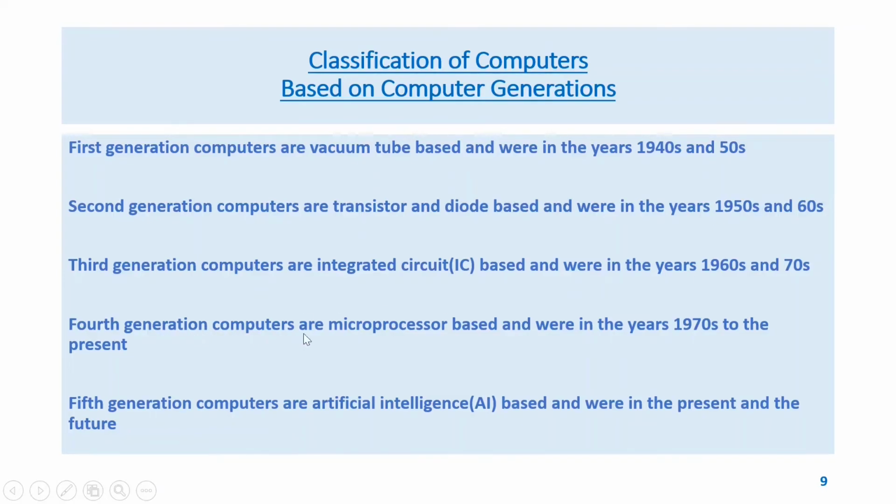Fourth generation of computers are microprocessor based and were in the years 1970s to the present. Still we have these microprocessors. Fifth generation computers are artificial intelligence based and are in the present, and the future is also artificial intelligence.